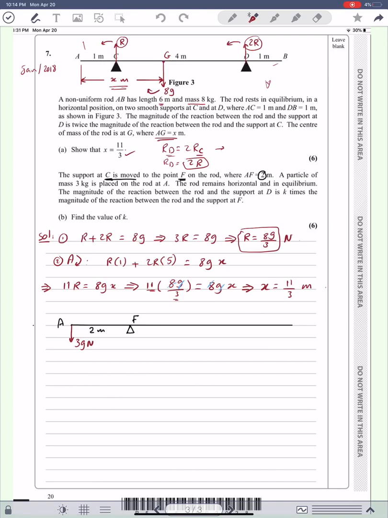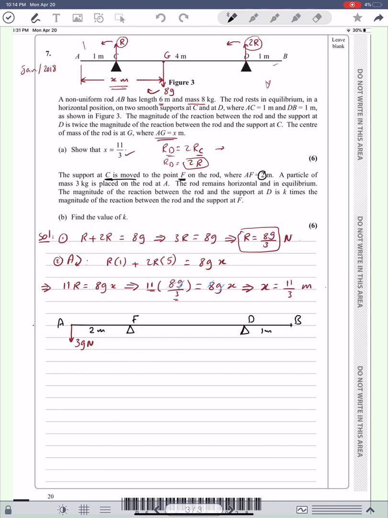The magnitude of the reaction. Okay, did he say anything about D? So D as it is, and the distance as it is. He didn't change. We keep them as they are.